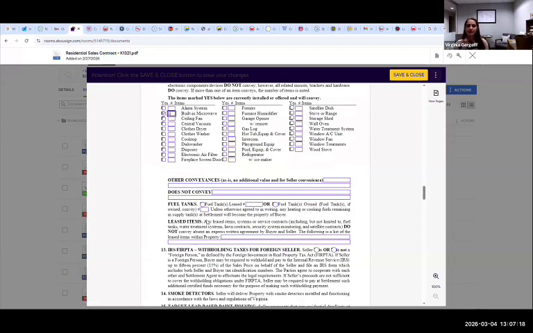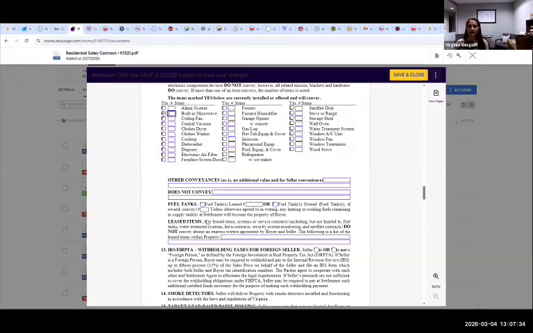Other conveyances, right, as is, no additional value, and for seller convenience, or does not convey. If there is a fuel tank on the property, mark it in there. If it's leased, the lease number, right, and the number.